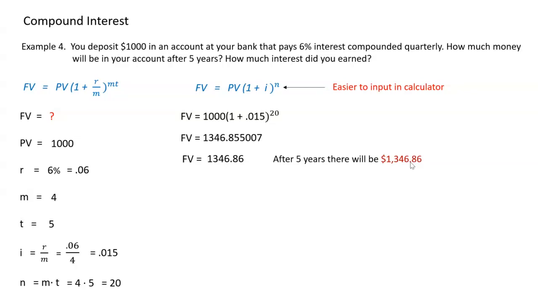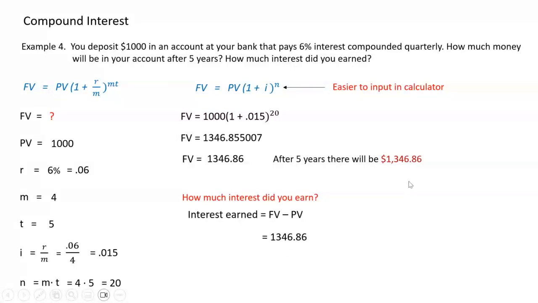Okay, now for the second part, how much interest did you earn? For that one, the interest will be the future value minus the present value. So what we got in the future, $1,346.86, minus what you invested or deposited, which was 1,000. So here, guys, we got $346.86 in interest.